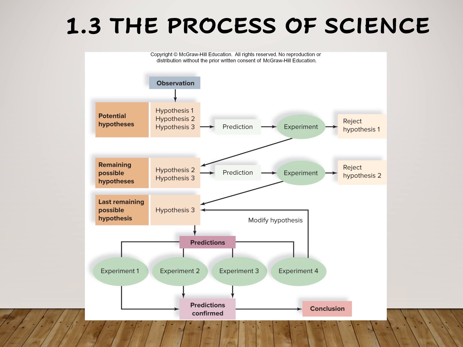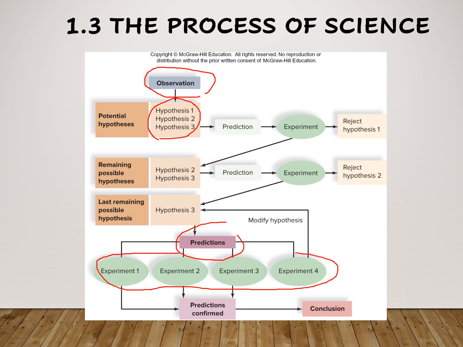Initially, they have the observation. And then after making observations and gathering knowledge about a phenomenon, a scientist uses inductive reasoning to formulate a hypothesis. When they are done with the hypothesis, they will do the predictions and the experiments.